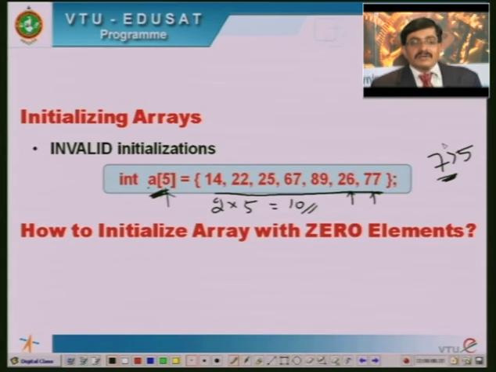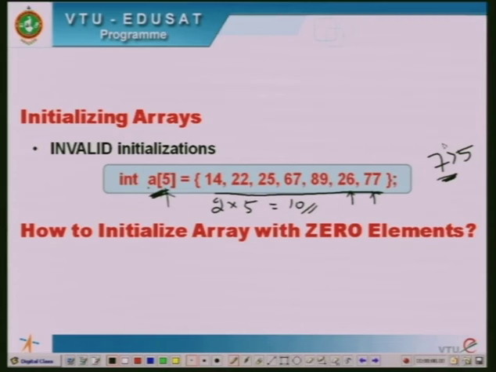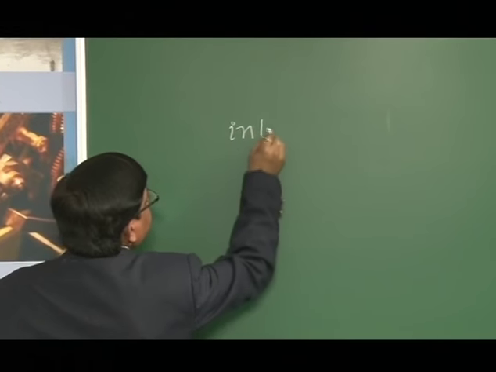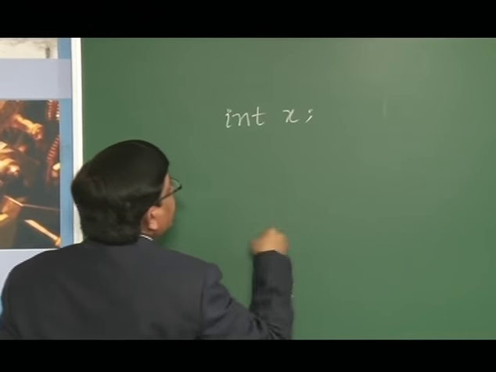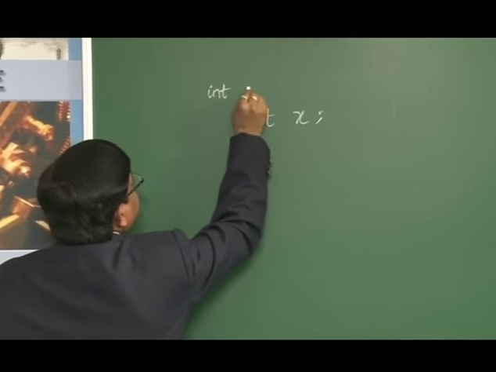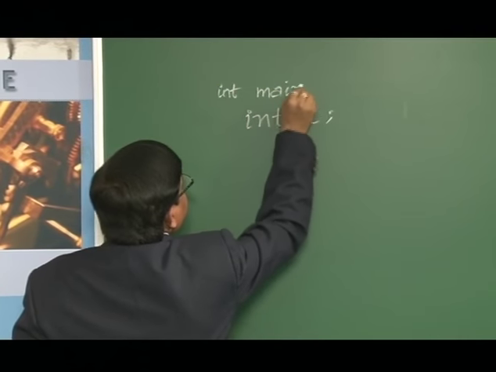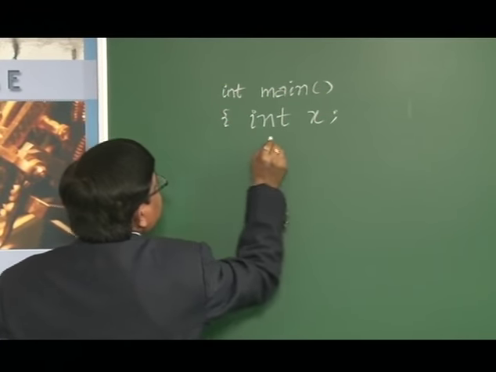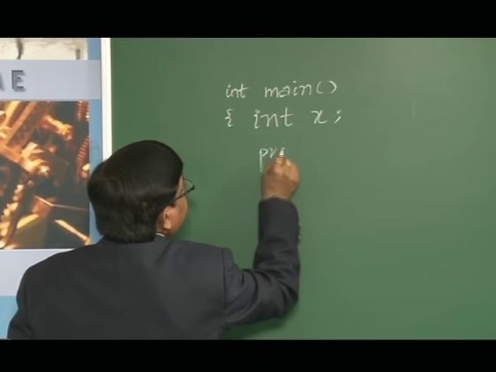Now, if I want to initialize an array with 0 elements, we know that when I declare a variable locally, the default value it will get is a junk value. For example, I have a declaration int x. Here I have not initialized any value. Say I am writing a program, int main, this is my declaration, and I have one printf statement.